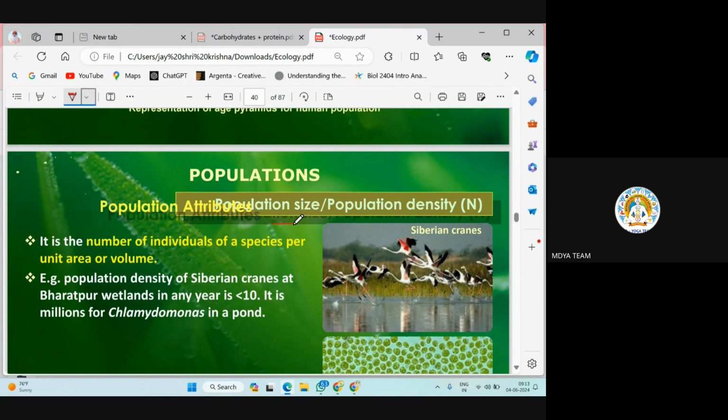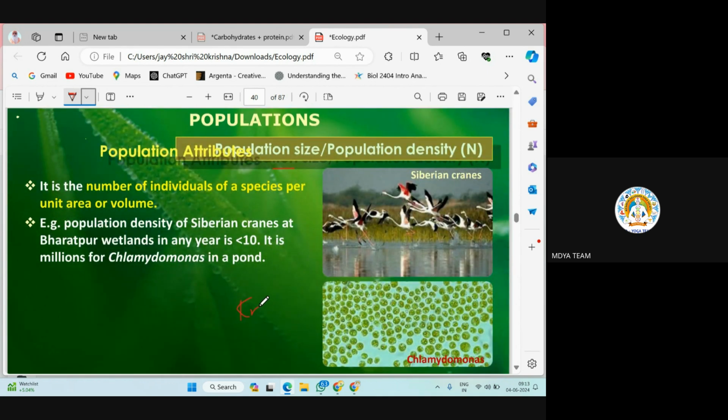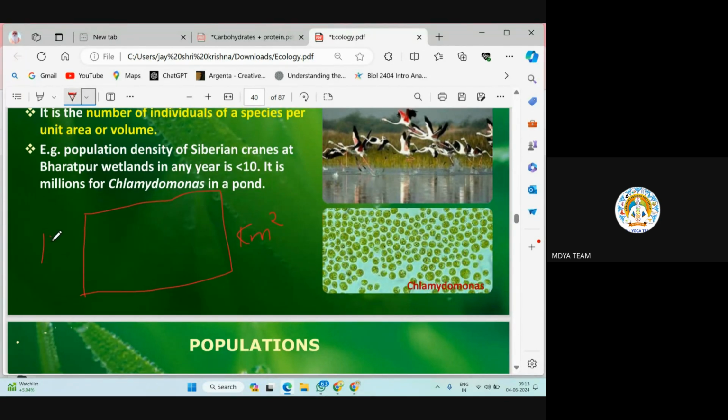Next is density. Density is the number of individuals living per unit area, and that unit area is per kilometer square. It means we will draw a box of 1 kilometer. This line will be 1 kilometer, this will be 1 kilometer, this will be 1 kilometer, this also will be 1 kilometer.